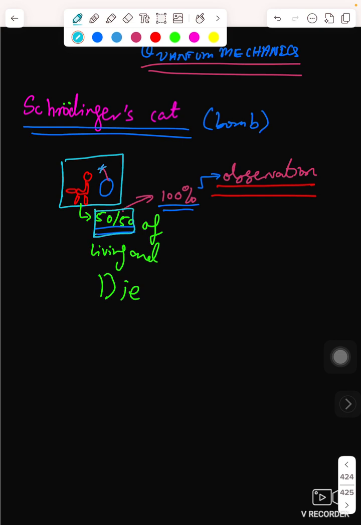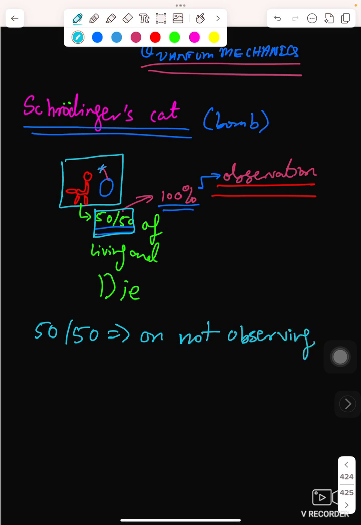Our 50-50 came from the condition that we're not observing it. So 50-50 is on not observing.